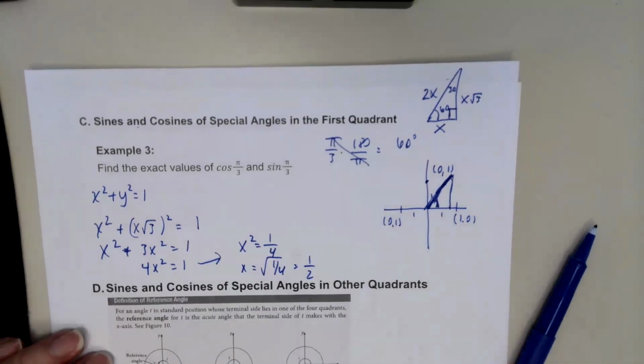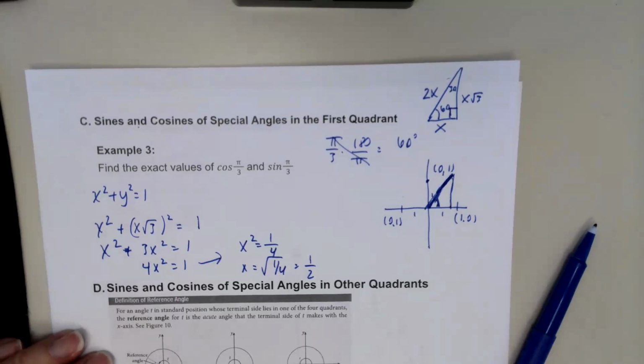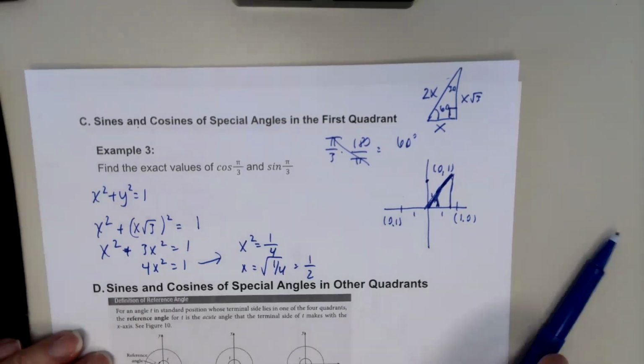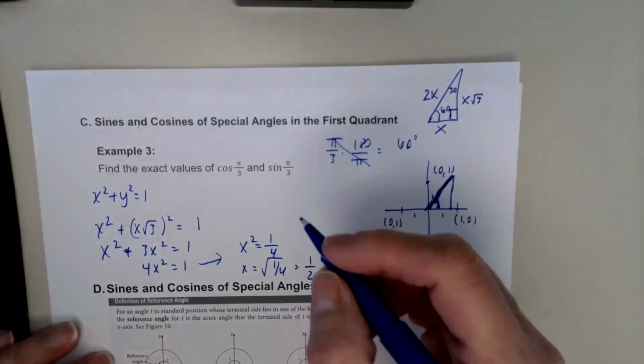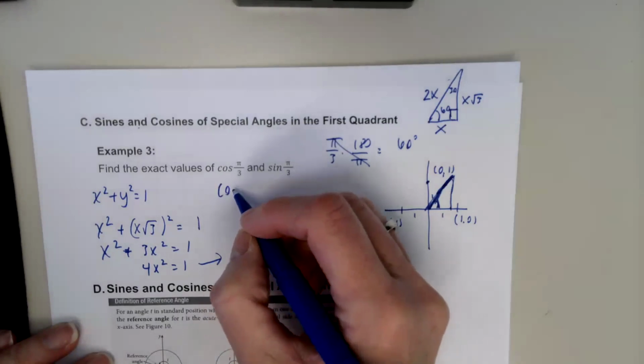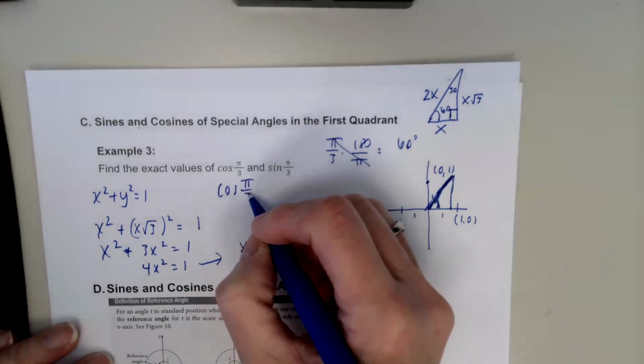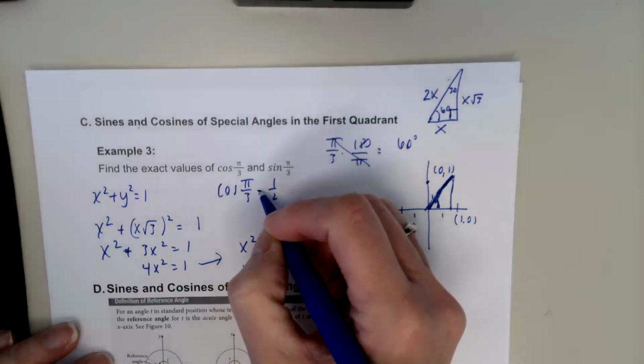And so cosine is x. So cosine at pi over 3 is 1/2.